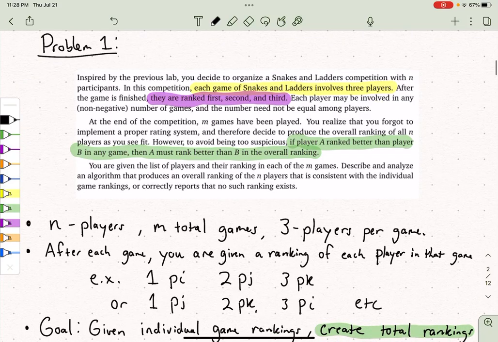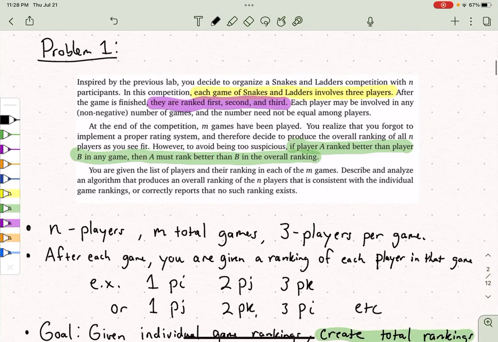So to start, we're going to go back to Snakes and Ladders, but instead of playing the game, we're going to have a whole tournament of people playing the game. And in particular, we're going to have n players, and we'll have m total games. And for each individual game, there will be 3 players playing the game. And after every single game, you know the ranking of each player in that game.